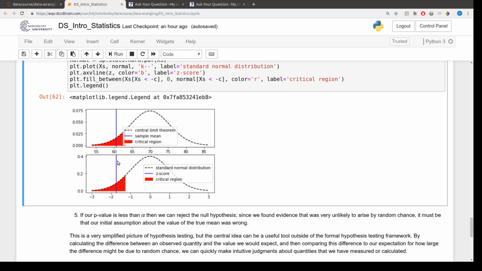So our z-score was minus 1.7. 4% of the probability, or area, under this curve is to the left of that blue bar. So we can see these are two identical plots plotted on different scales. The z-score is simply a rescaling of our sample mean relative to the standard normal distribution.